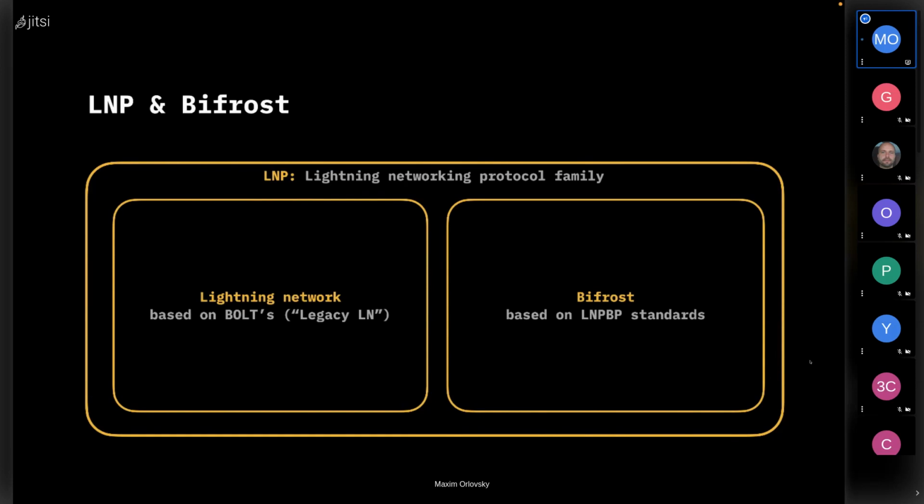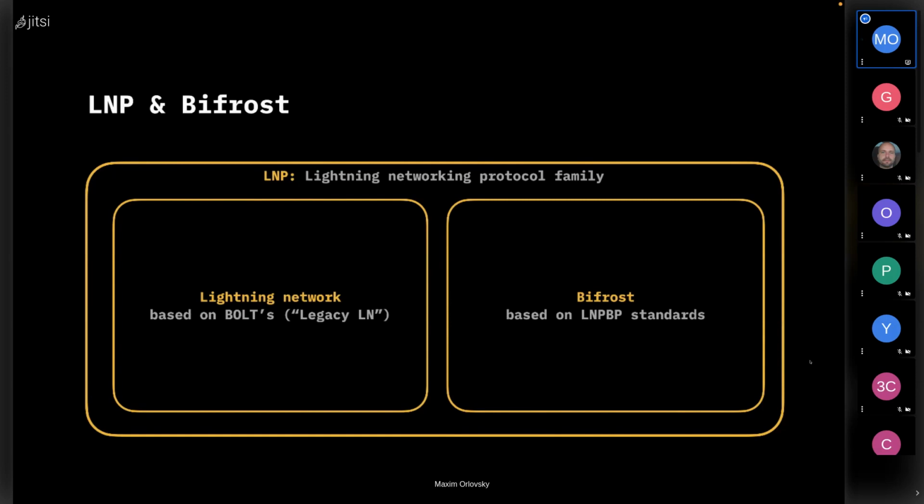And LNP is the Lightning part of this thing. LNP actually encompasses everything that exists today with a Lightning network or that can be built with a Lightning network in the future. So it's more generic than the Lightning network as it is described by bolts, and it includes all the bolt standards and the existing and operating Lightning network.